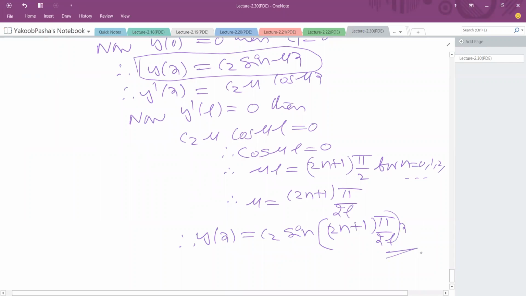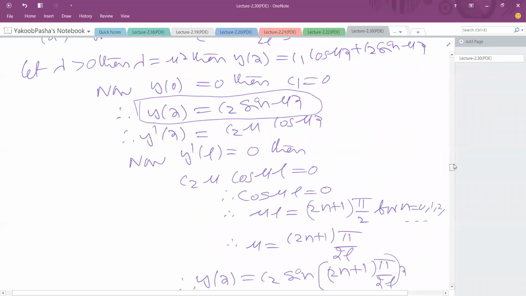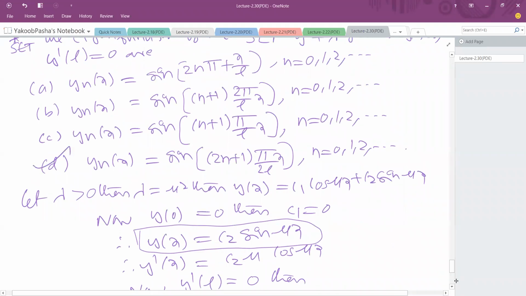This is the eigenfunction. Since the constant is a scalar weight, you can consider the eigenfunction as sin of 2n plus 1 pi by 2L x. This is option D. Most of the inputs are responding for D.